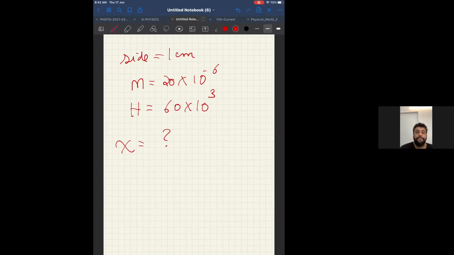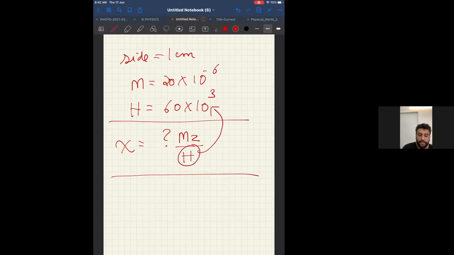Tell me, what is the formula for magnetic susceptibility? Anyone? What is the actual formula for magnetic susceptibility? It is magnetization upon magnetic field intensity, correct? Everyone please look at the screen. It is M_z by H. Can I say H is directly given in the question?